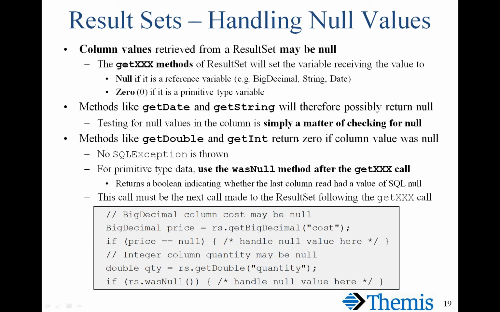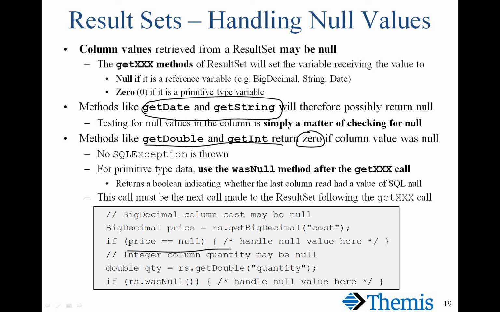When it comes to result sets, there's the possibility of nulls being part of the result. Depending on the type of data that you're retrieving, you may get back a reference type like a date or a string, in which case you can simply test for null like we've done here. However, if you're getting a primitive type like a double or an int, then they cannot be null.